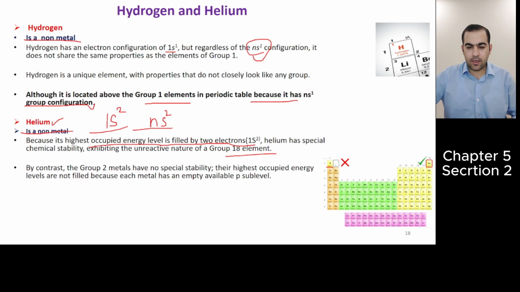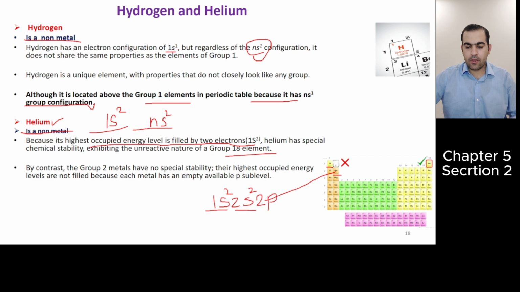Beryllium, look here: when we write it, it starts 1s2 2s2. For helium, we have only one s in the first energy level, and it's filled. But for beryllium, we know that in the second energy level we have 2p as well.